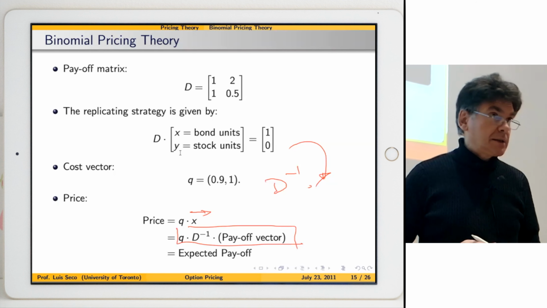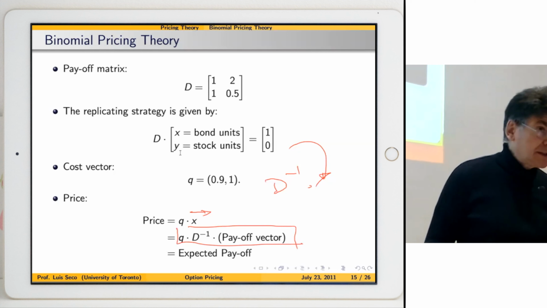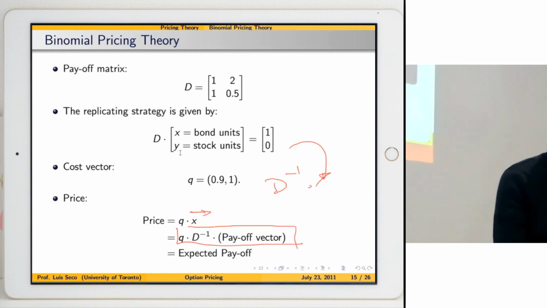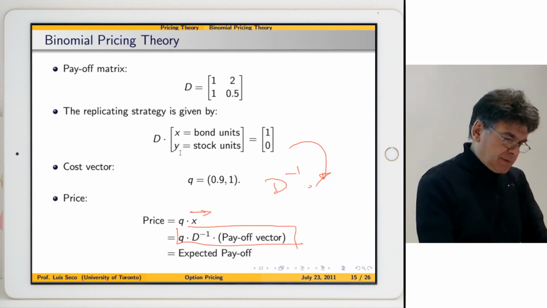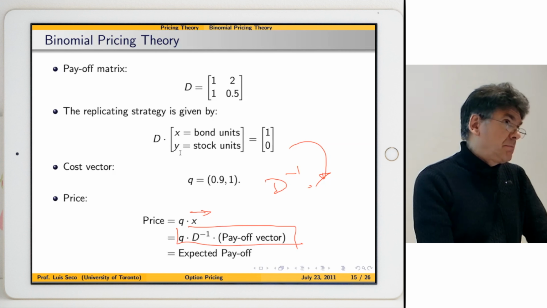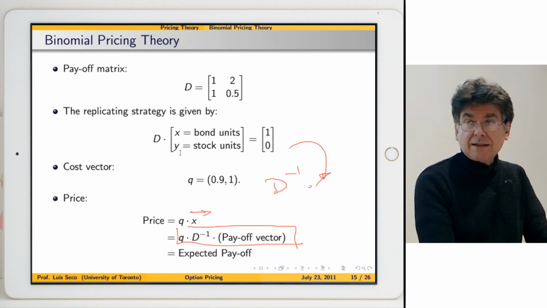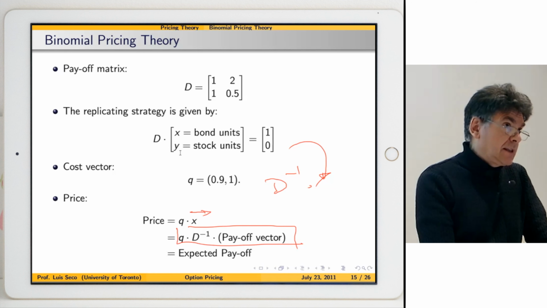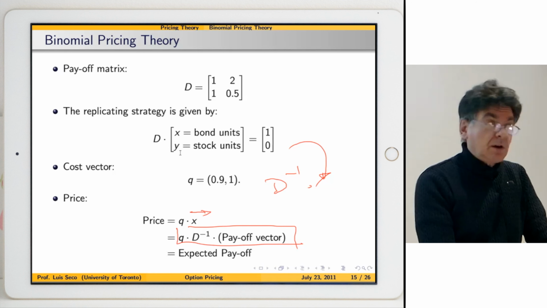So the price is what? Now this is interesting. Let's read this off. I have the payoff vector times the inverse of the payoff matrix. So that's the discounted payoff. I'm taking the payoff later, and then I'm applying the inverse of the payoff matrix.